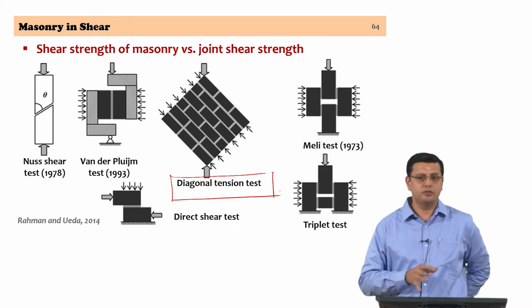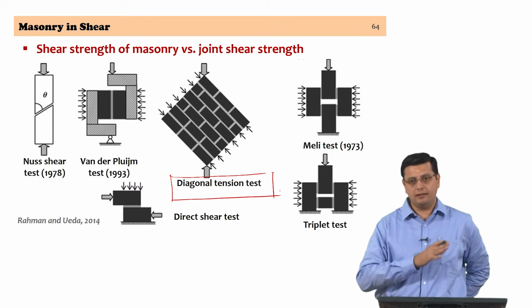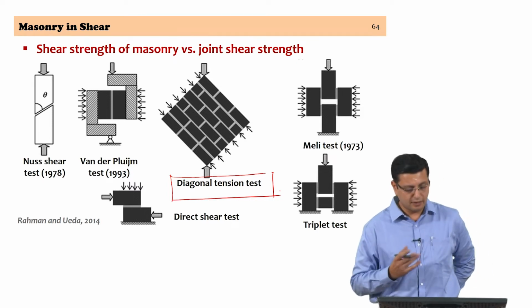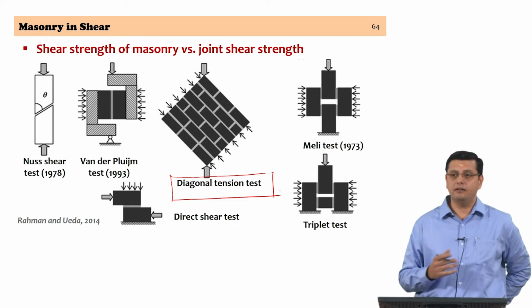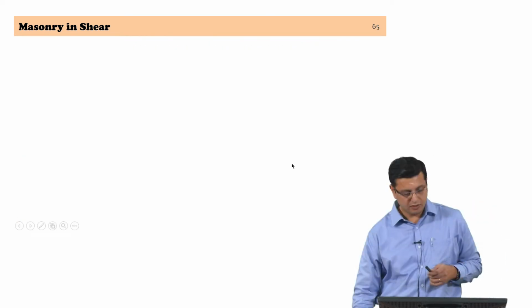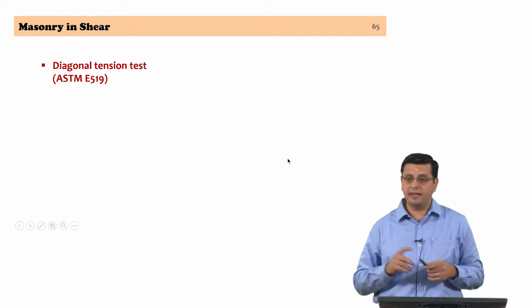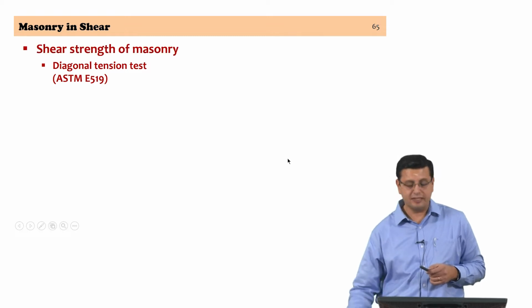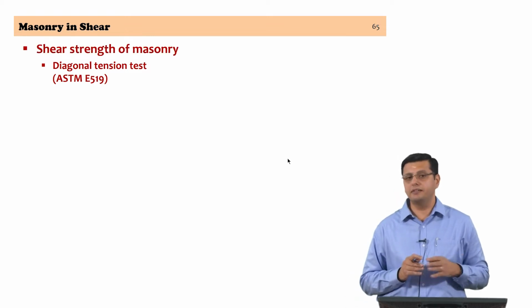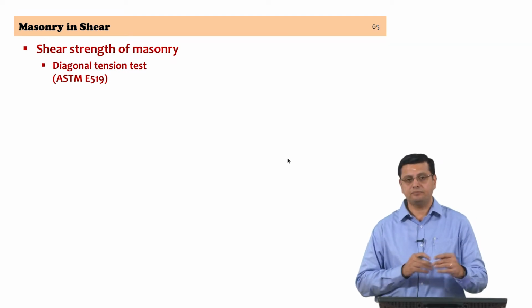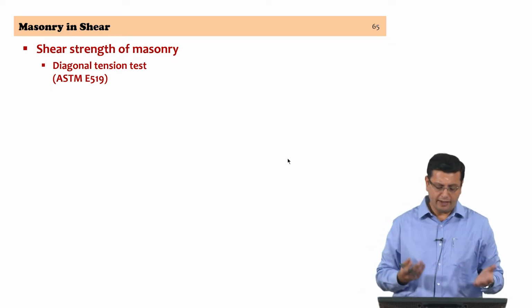Of course, this is also not a test that is free from certain assumptions and difficulties in executing. So, let us first examine the diagonal tension test, with which we are characterizing the shear strength of masonry. There is an ASTM standard.